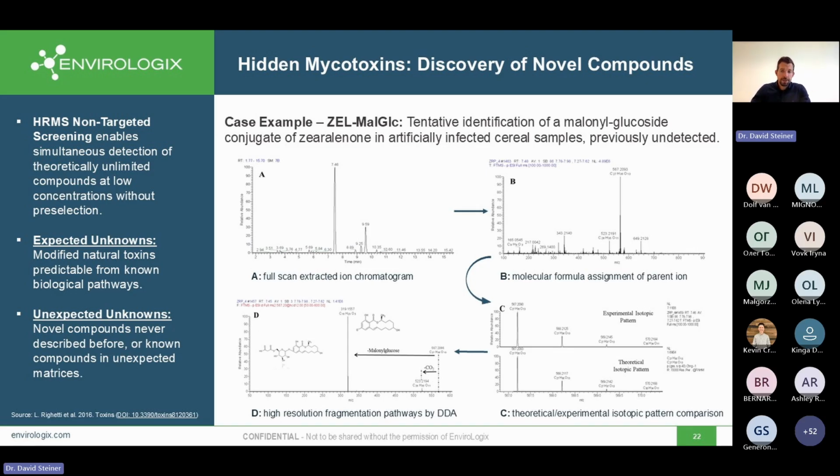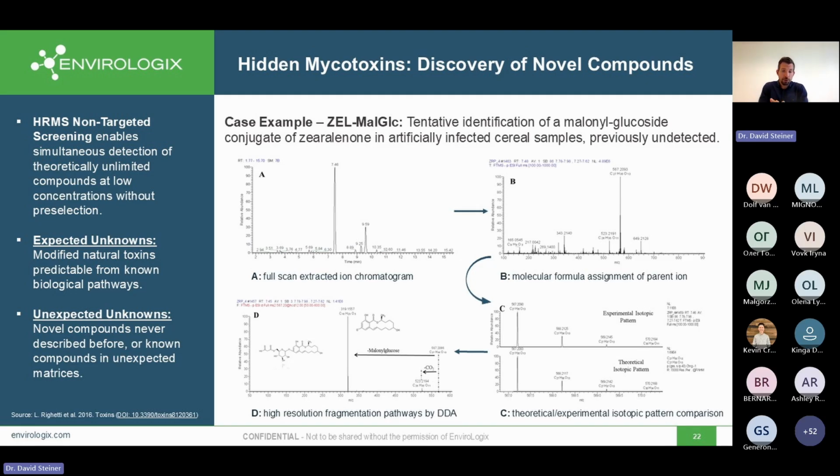The parent ion's molecular formula is then determined by using the high-res mass accuracy, and the isotopic patterns are then compared to some theoretical distributions. And with the high-res fragmentation, it reveals the structural detail, confirming key features like the malonyl glucoside conjugation.